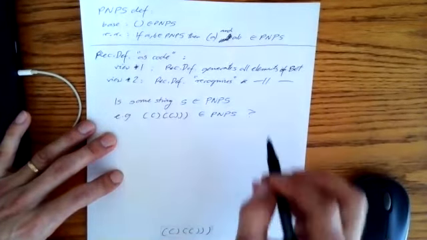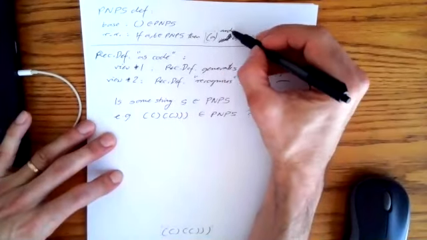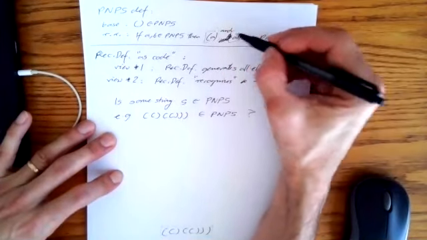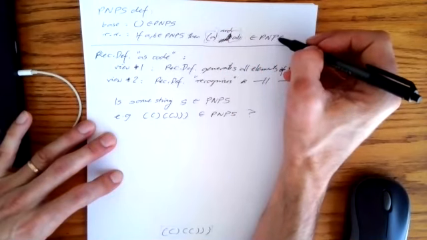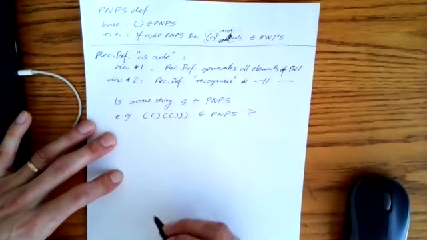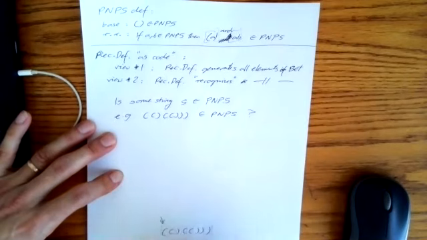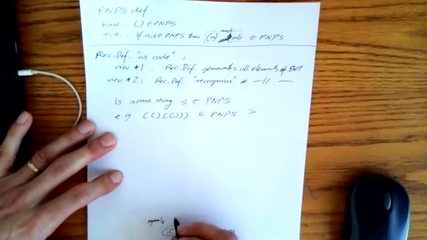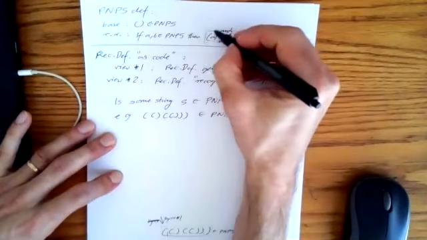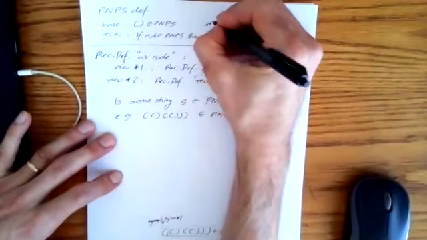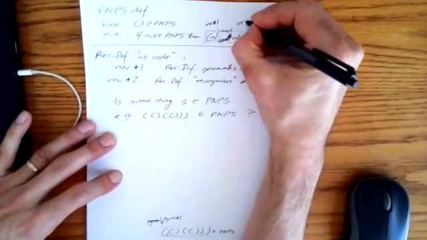So if it's in the set, it has to be either of this form or of this form, where these things are both in the set. So this would be implied by recursive rule number 1, by this rule, and this is recursive rule number 2.